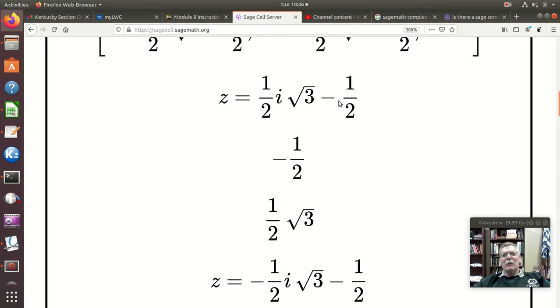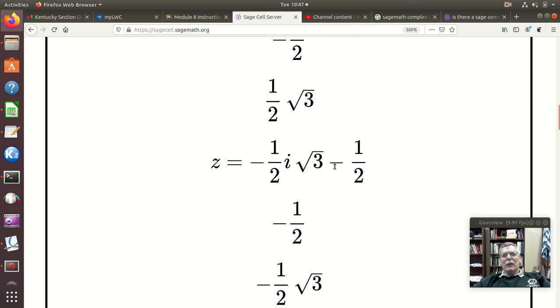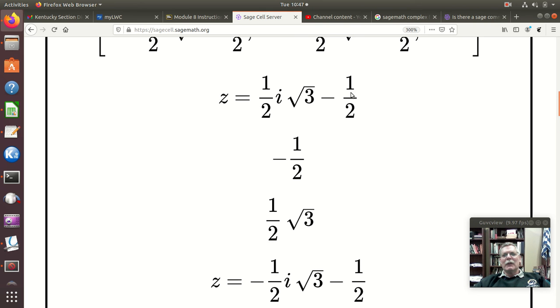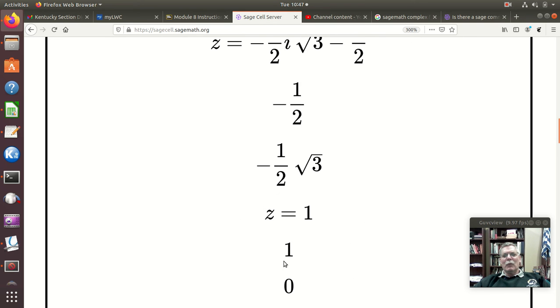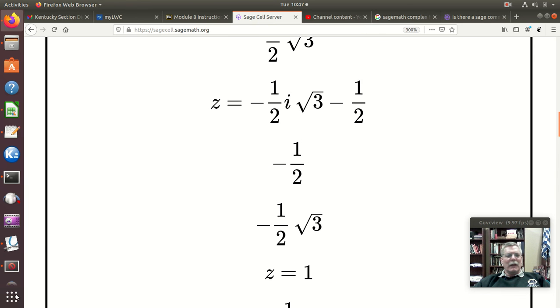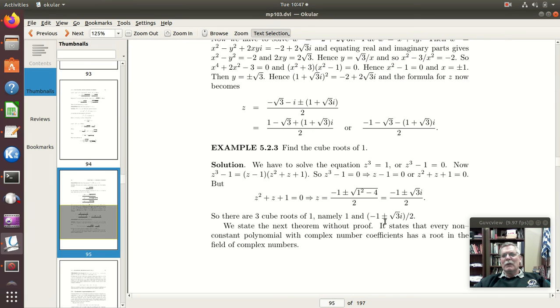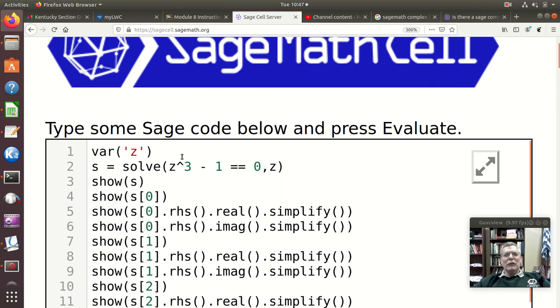I see it's minus 1/2 and then a square root of 3 over 2i plus that, and then the complex conjugate, so it's minus 1/2 and then plus or minus the square root of 3 over 2i and then 1. And I think that is what they show here. Yep.